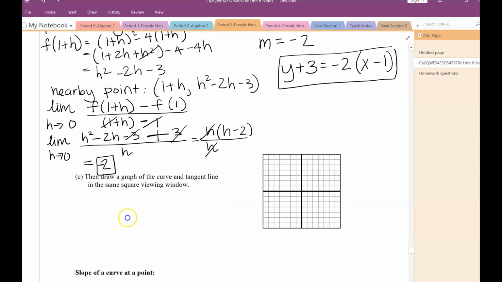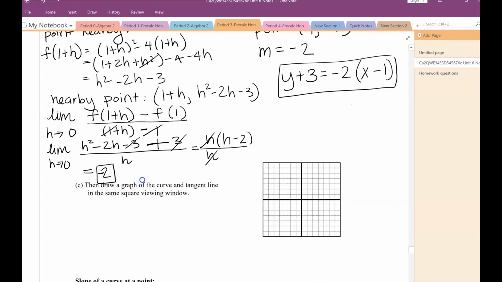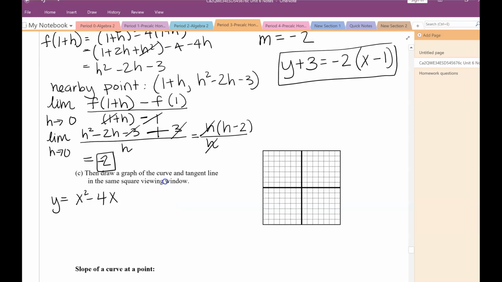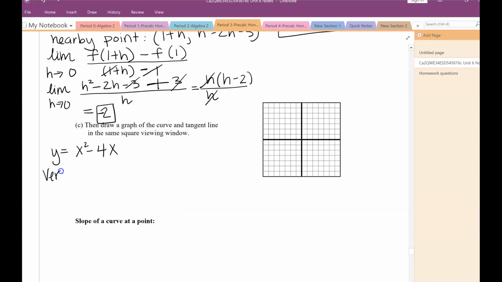Okay, first let's sketch out your x squared minus 4x. So your equation originally is x squared minus 4x. Anybody know the vertex straight away? So the vertex is -b divided by what? 2a. b is -4, so the negative of -4 is now 4 divided by 2 times 1.